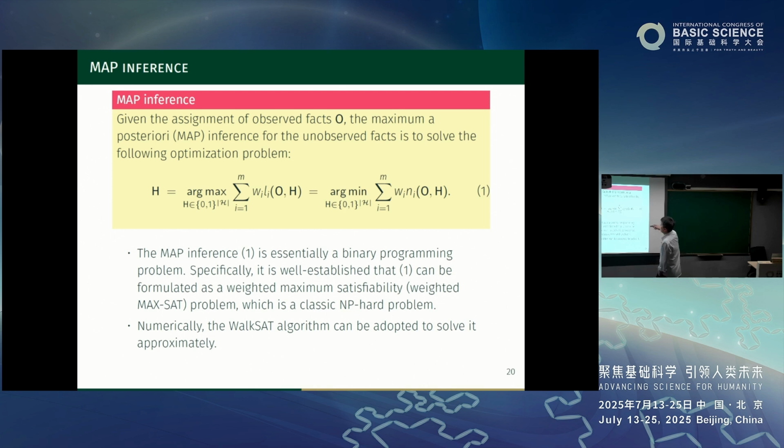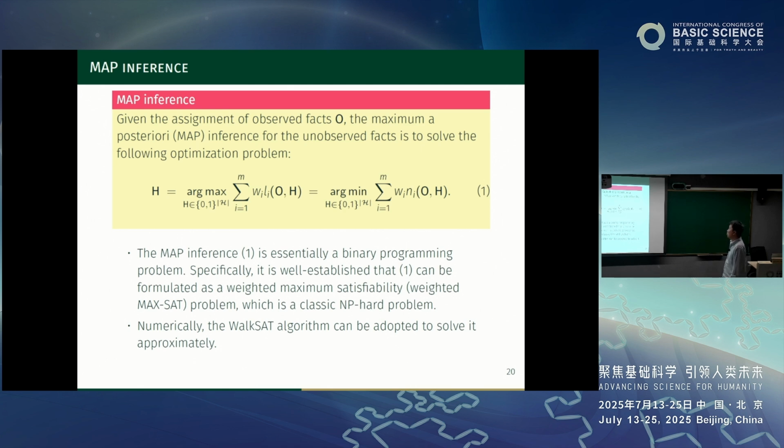Okay. What's our optimization task? MAP inference. Given the assignment of the observed facts, we maximize the probability by inferring the unobserved facts. It's a 0-1 discrete optimization, essentially a binary programming problem.